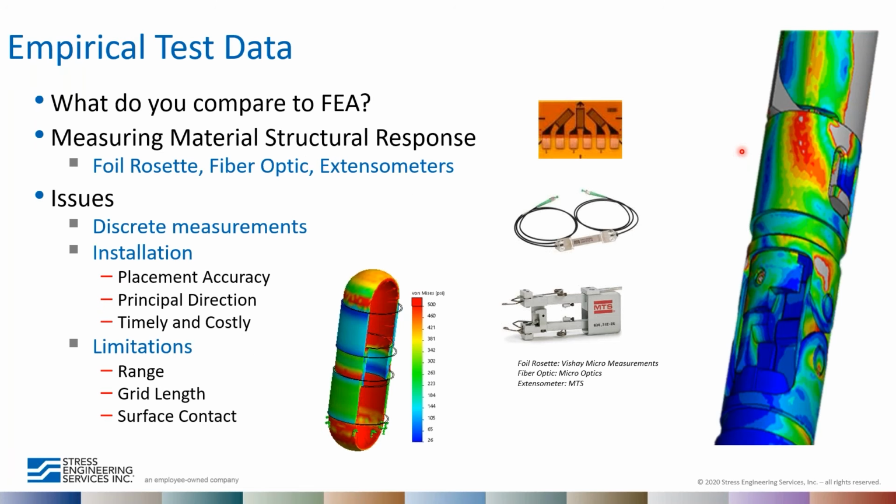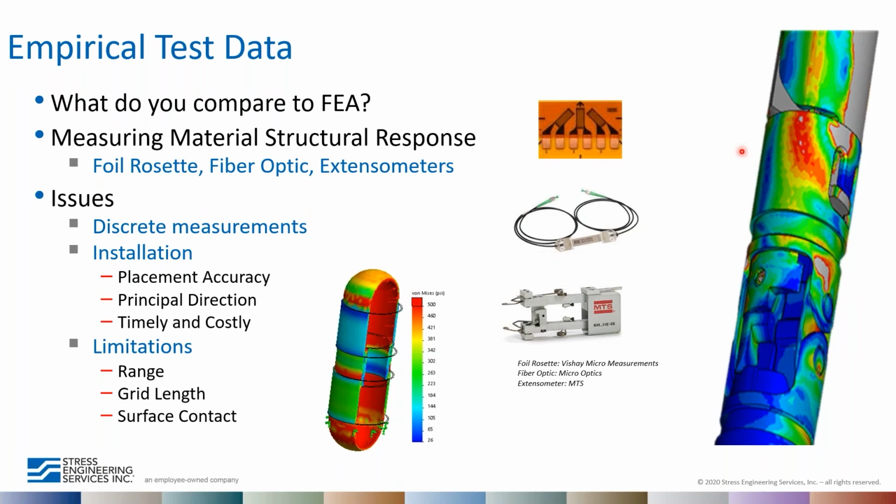And so the question becomes, how do you do that? Typically, using empirical test data is a good way to help validate those models, something you can compare to your finite element analysis to see what differences you're getting. There are a number of different sensors used for measuring the material structural response.